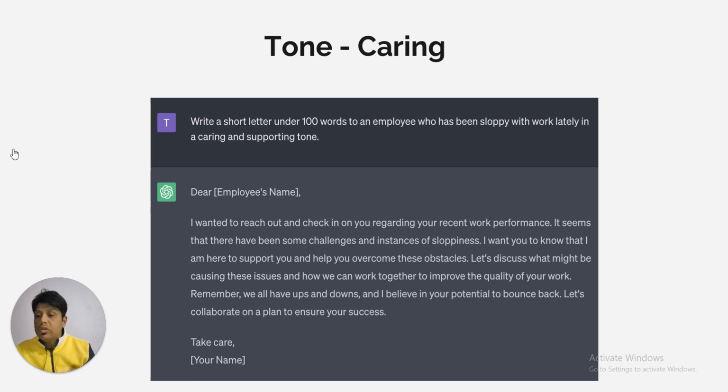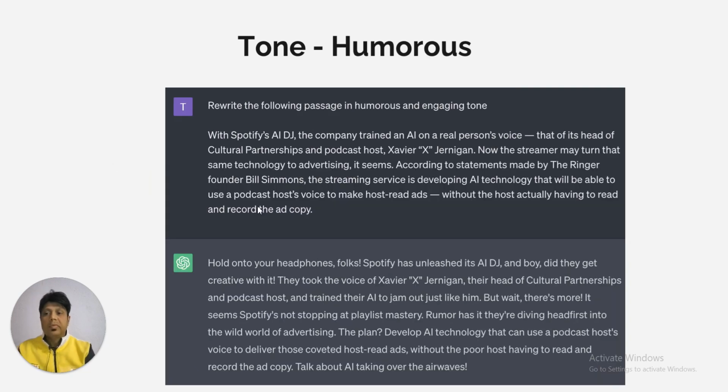For example, you can also specify the tone as caring and supporting, and you can also specify the tone as humorous. Now ChatGPT will follow this instruction and will provide you the answer which you desire.